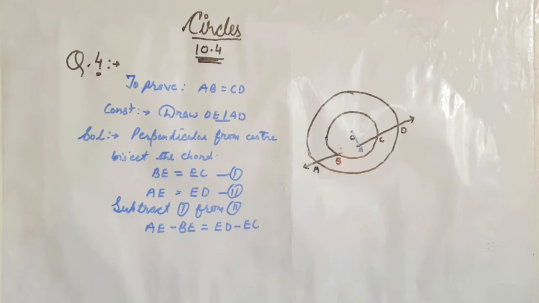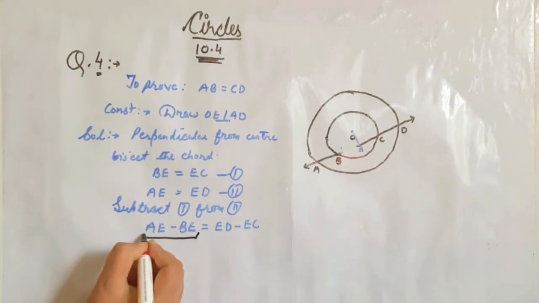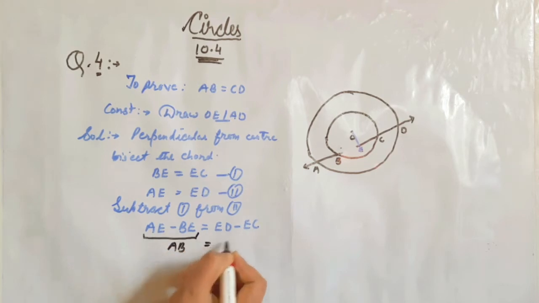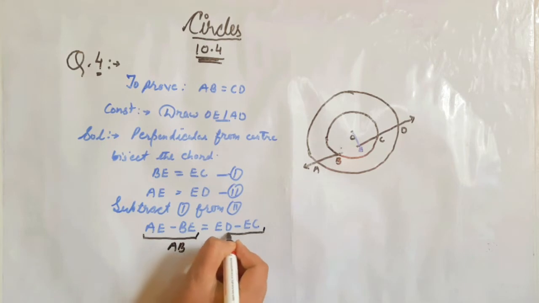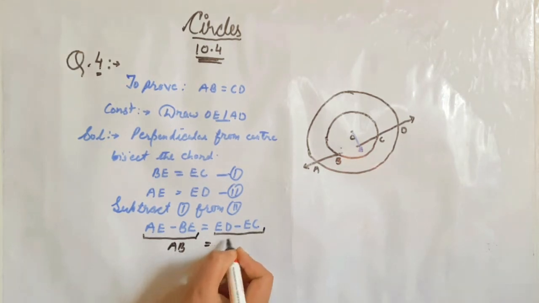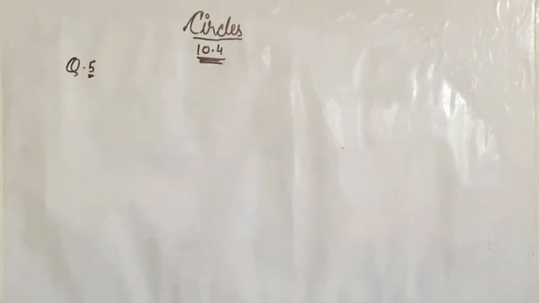Now, AE minus BE is equal to AB, and ED minus EC is equal to CD. That is what we needed to prove. Hence it is proved. Let us see question number 5 now.